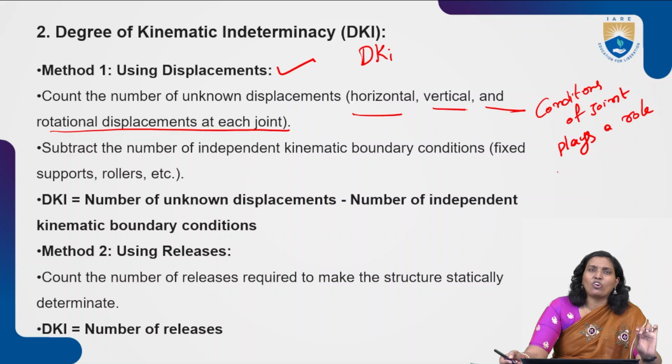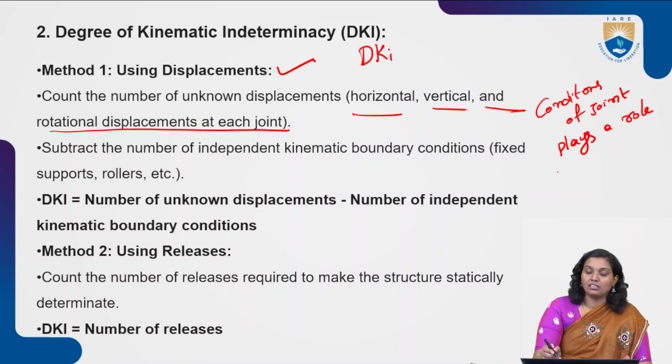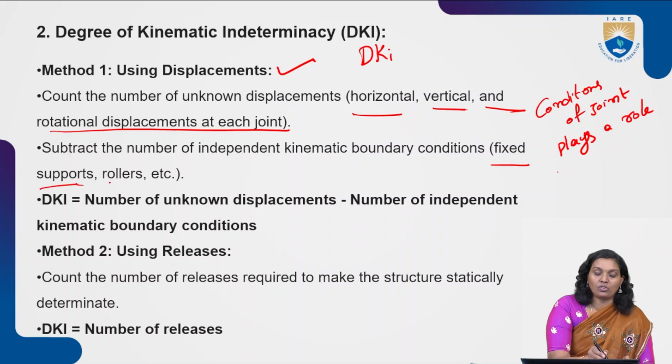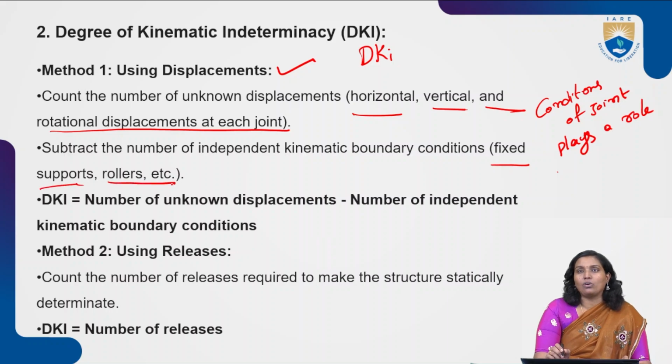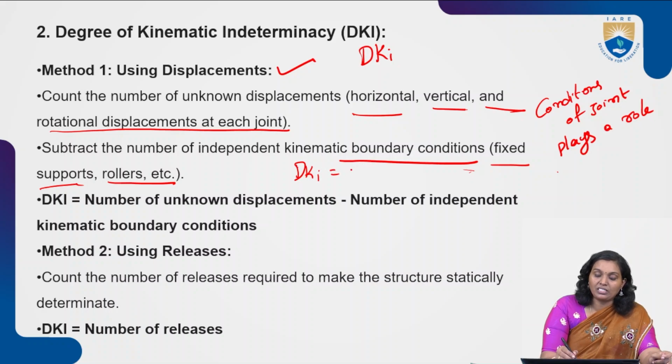Then subtract the number of independent kinematic boundary conditions, such as fixed supports and rollers. This is the formula for the degree of kinematic indeterminacy.